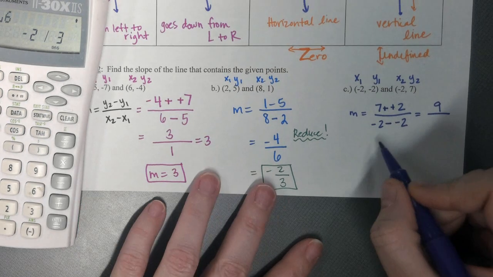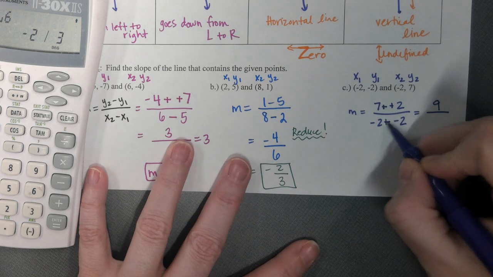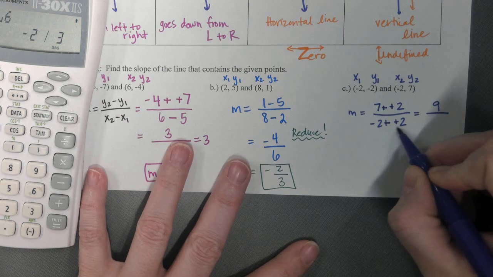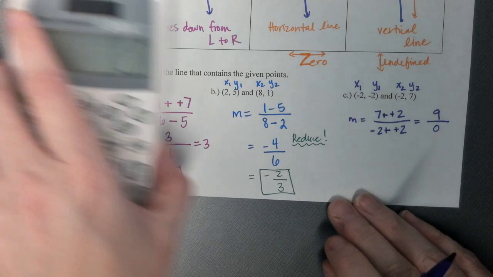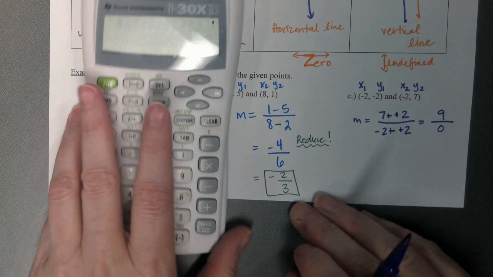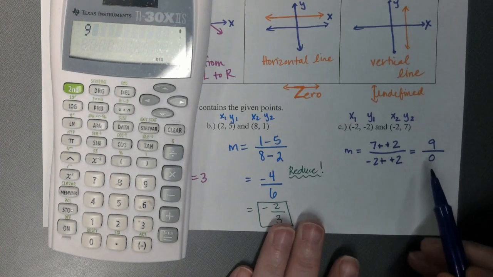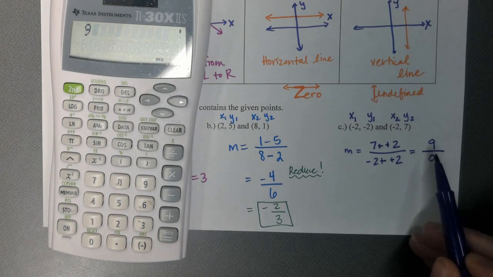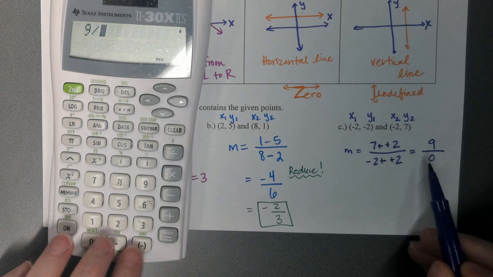And as I'm writing that down, I'm always saying the minus there. And then what's -2 plus 2? 0. Now if you try to calculate that on your calculator, what you're trying to do is divide 9 things into 0 groups. Okay, so if I have 9 things, can I divide them into 0 groups?